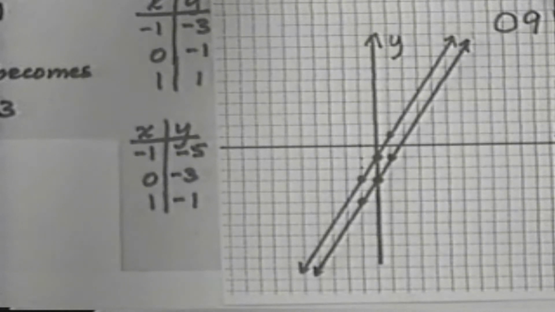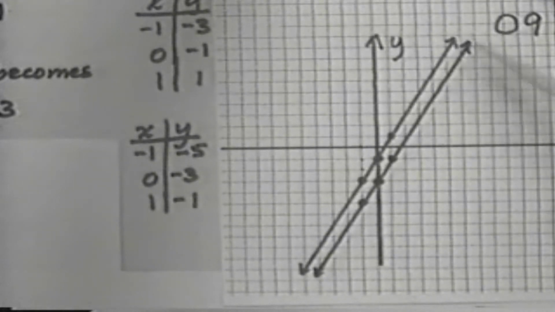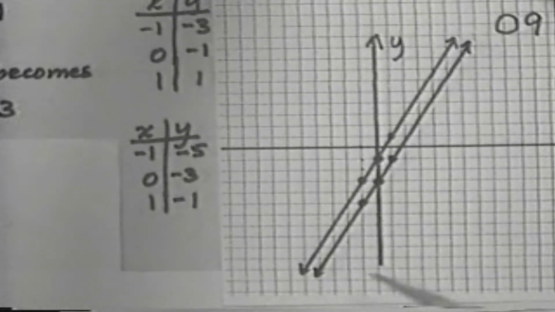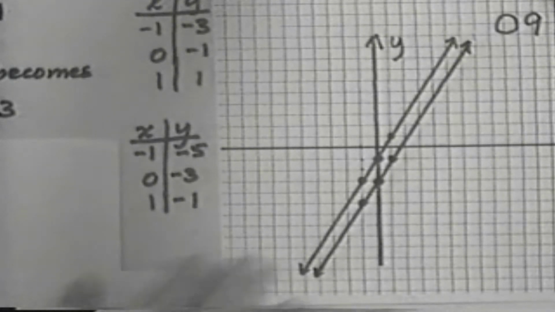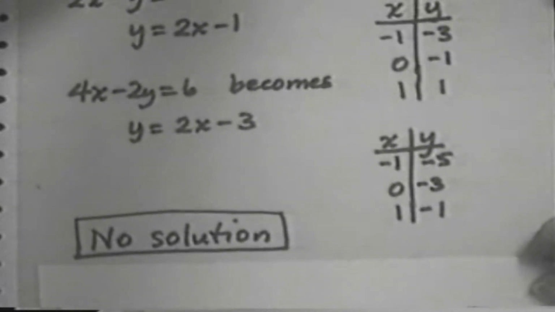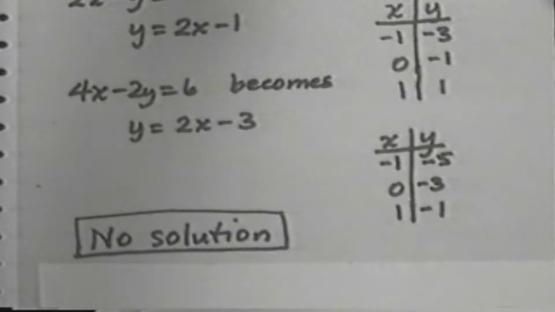These two lines are parallel lines, and if you extend them forever, as the arrow points indicate, they still will not intersect. This means the solution to this system is no solution at all. So our result on this is no solution.